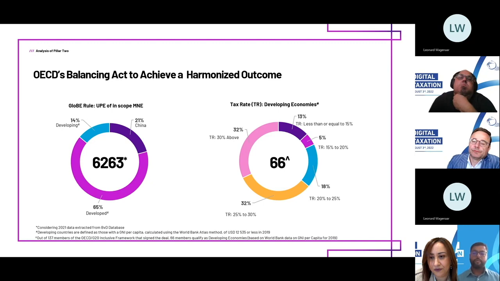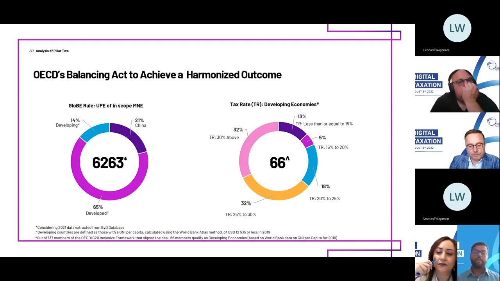Here, I would want to make a point of caution: the GloBE rule or Pillar 2 would have certain implications which are beyond taxes. For instance, impact on the foreign direct investment for the developing economy. And this is something which is not known yet.